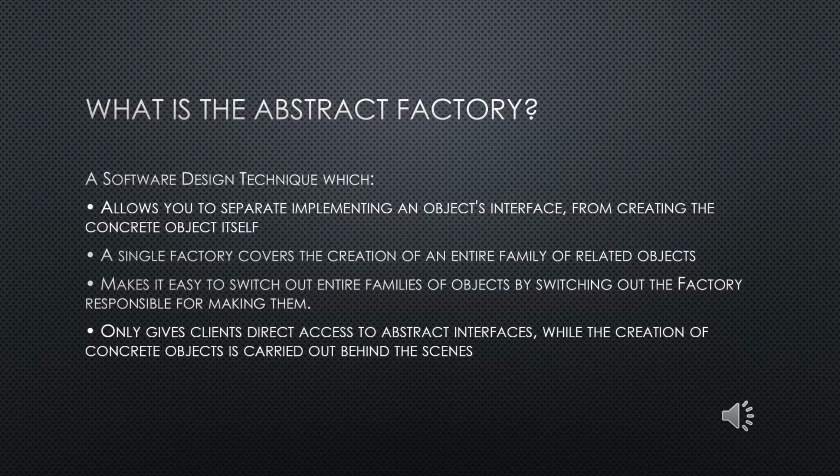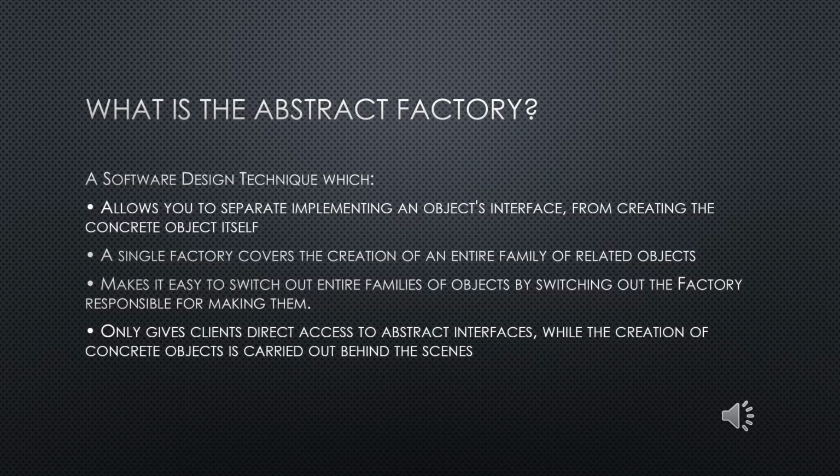This makes it relatively simple to switch out one abstract factory with another, making this design technique ideal for tasks like customizing user interfaces. This is because the client has access to the interface, but not the creation of the objects themselves.